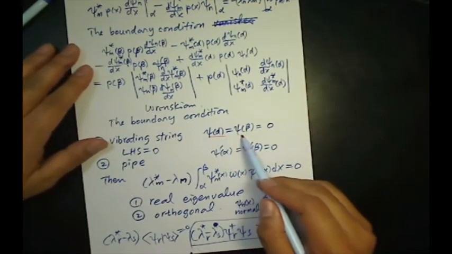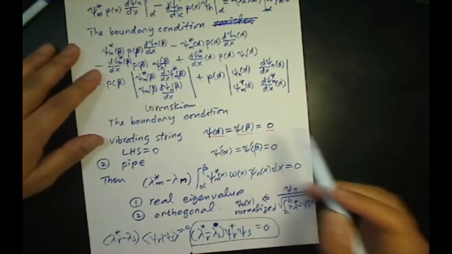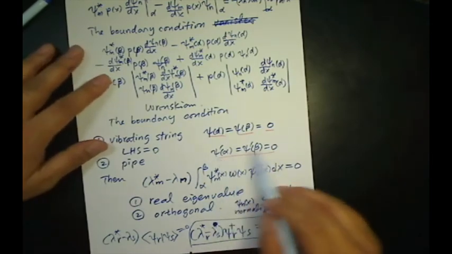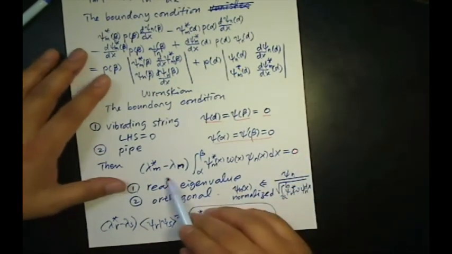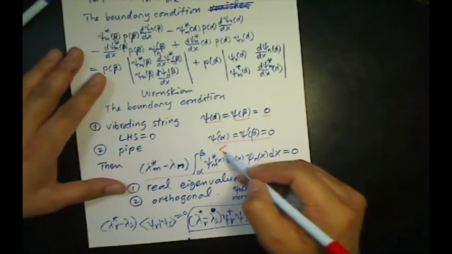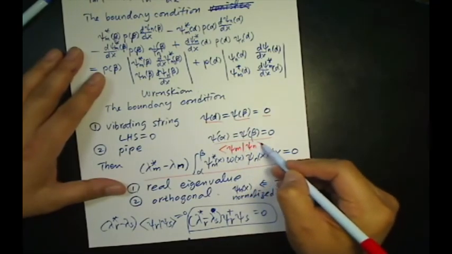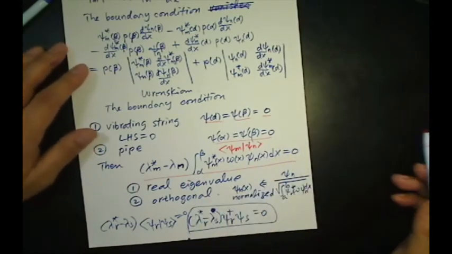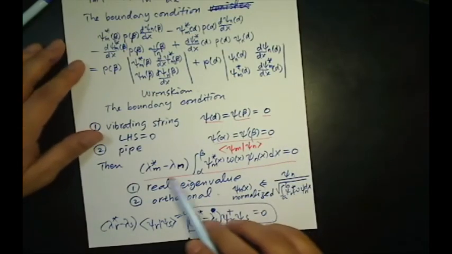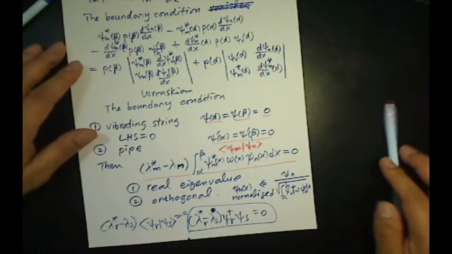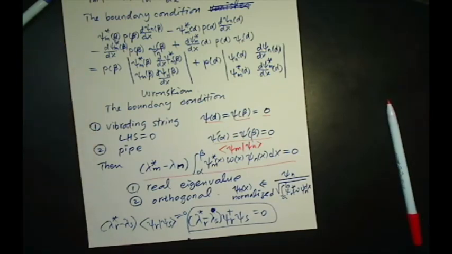This is completely 0, and the derivative vanishes, so we end up with this expression. And this is actually the scalar product of states m and n. All right. So we end up with the previous analysis. We don't repeat.